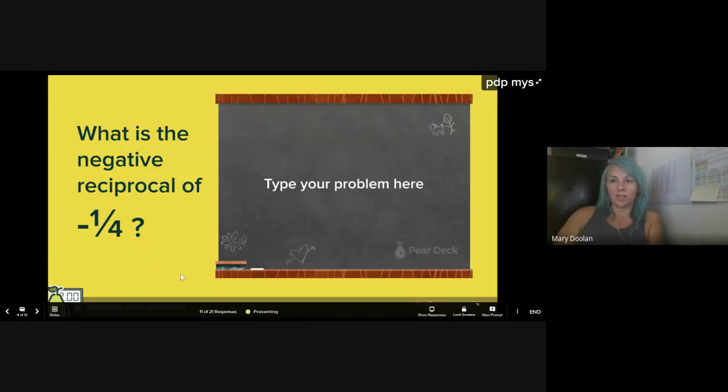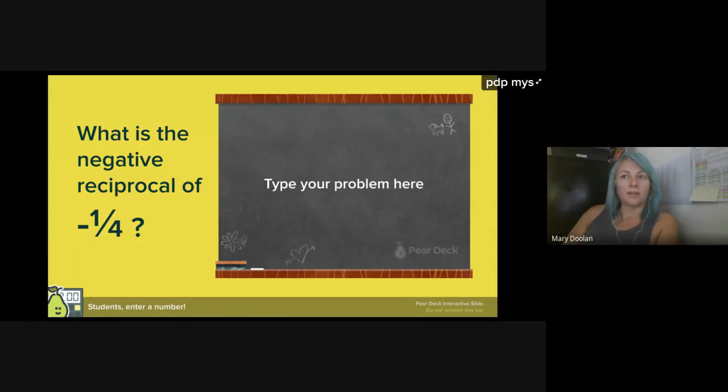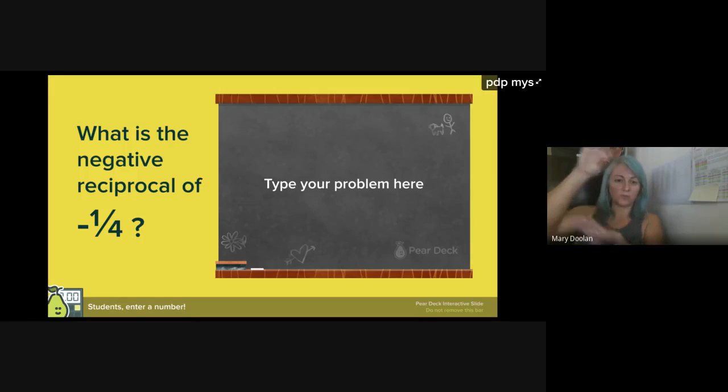All right, so -1/4. There is only one correct answer of 11 responses so far. You have to take your fraction, you have to flip it, and then change the sign. That's how you take the negative reciprocal or the opposite reciprocal.